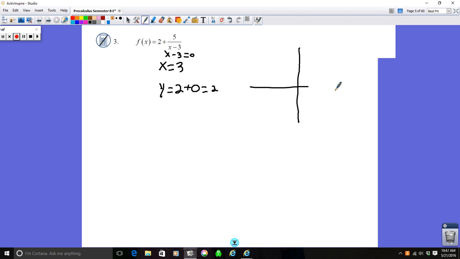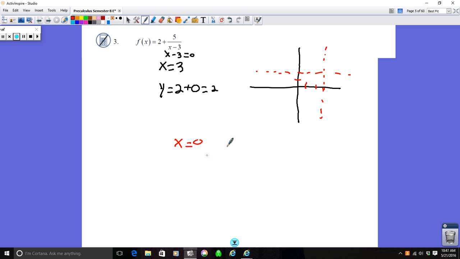So here we have this horizontal asymptote up here at 2. We have a vertical asymptote at x equals 3, and we need to figure out whether we're drawing this in these two quadrants or in these two quadrants. So you're going to just check a point to the right. Actually, I'm looking for intercepts anyway, so I'm going to plug in x equals 0.